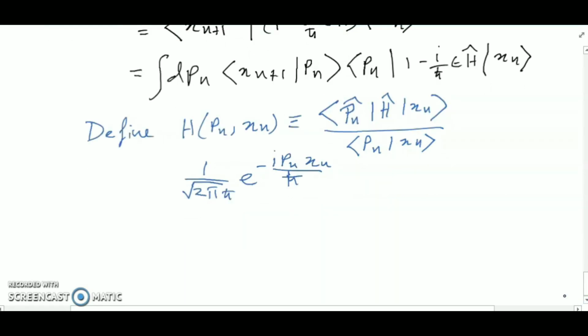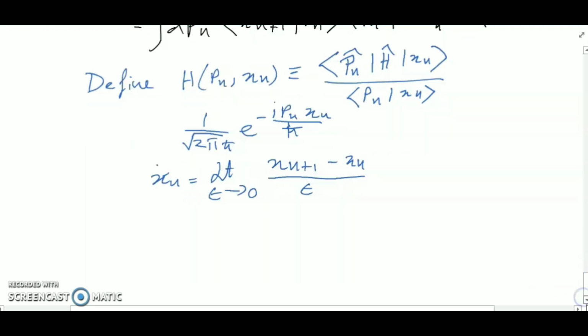Okay, so x dot n equals limit epsilon tends to 0 of x n plus 1 minus x n divided by epsilon. Okay, so integral dp n over 2 pi h bar, so it can be written this way.